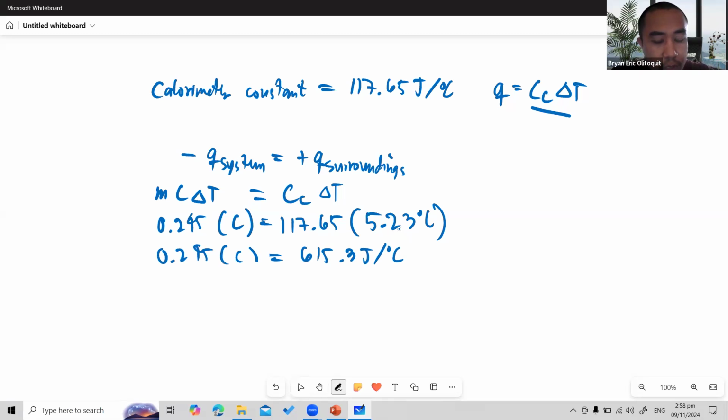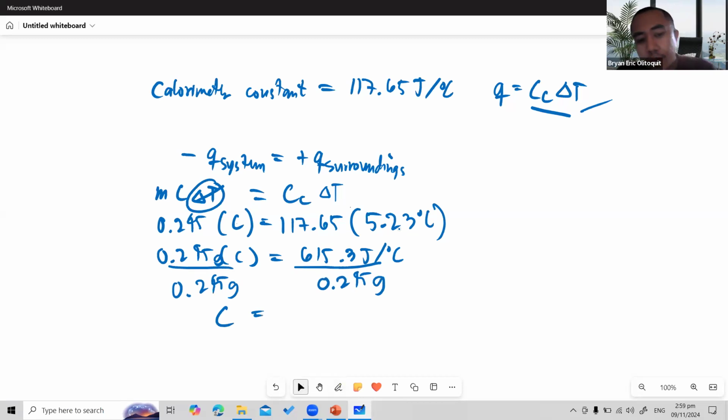So dito, you have 0.245 multiplied by the specific heat C. As you can observe, in terms of the system, tinanggal ko na yung change in temperature kasi yung change in temperature dito will be part already of the calorimeter constant. So this is equivalent now to, divide natin by 0.245, dividing both sides by 0.245. This one is in grams.